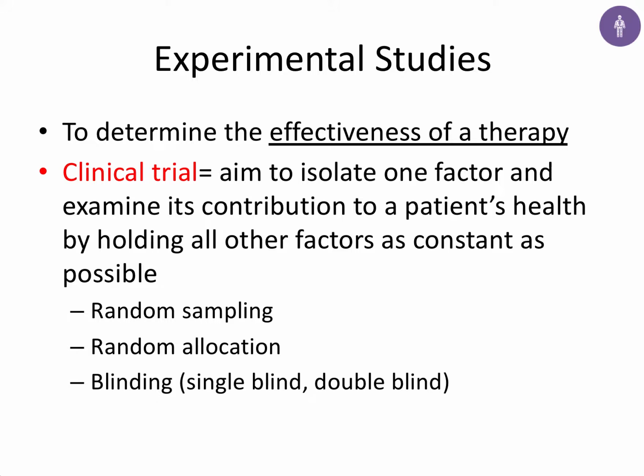They don't know if they're taking a placebo or if they're taking this new drug. Double-blind studies are even better because both the participants and the experimenters or the investigators are blind. The subjects don't know what drug they're taking, and the investigators don't know what data they're collecting for which group. So that's the best way to blind a study.